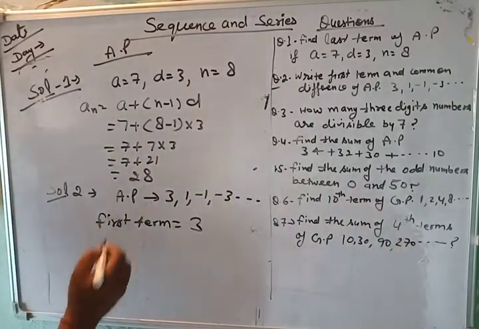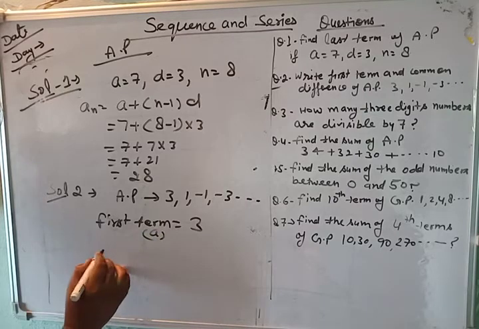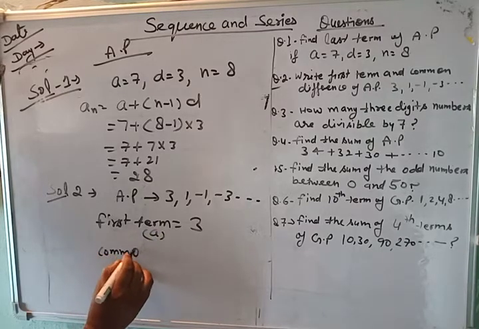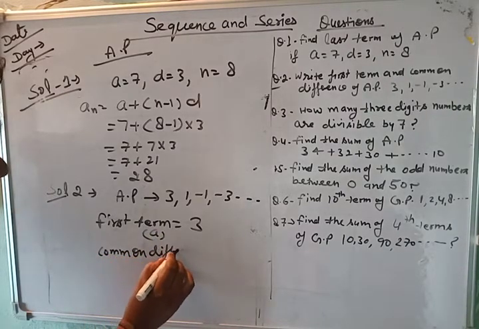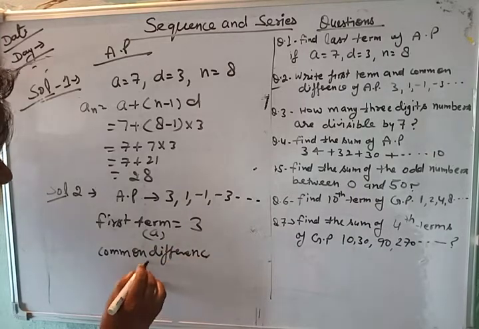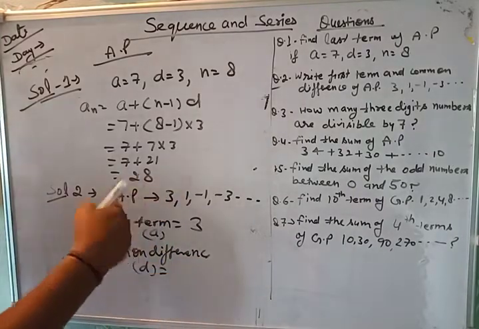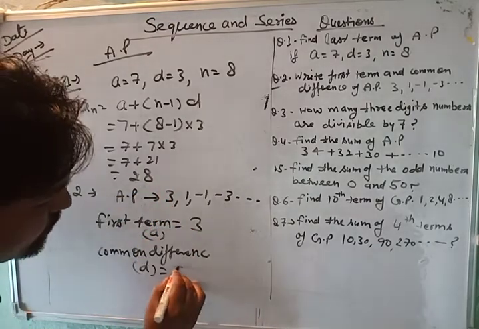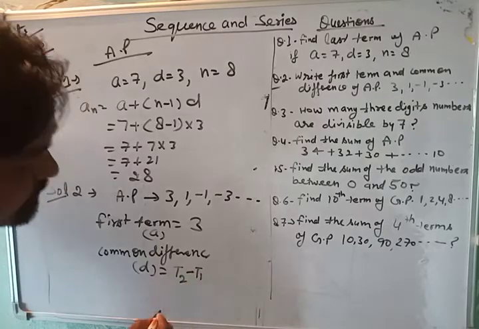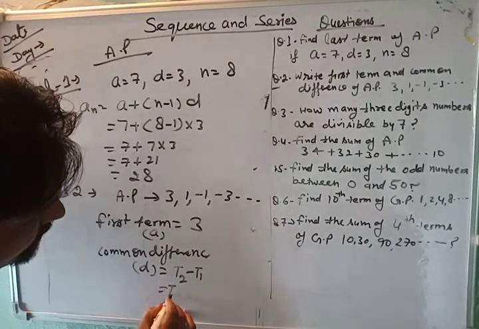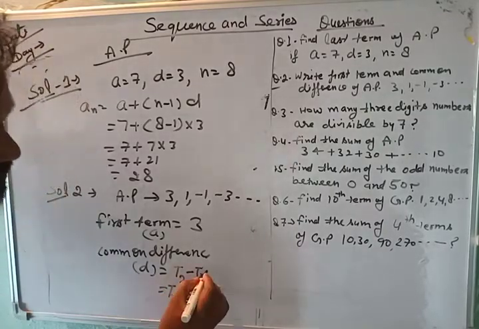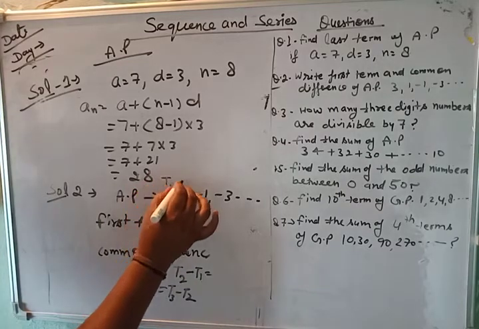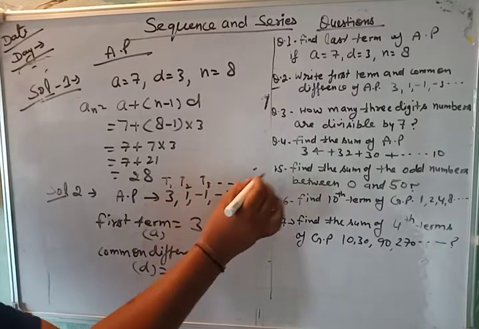Second, the common difference d is equal to the second term minus the first term. It means T2 minus T1, and T3 minus T2. It is T1, T2, T3, and so on.